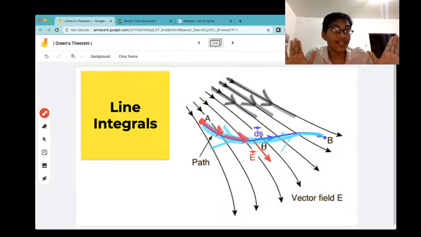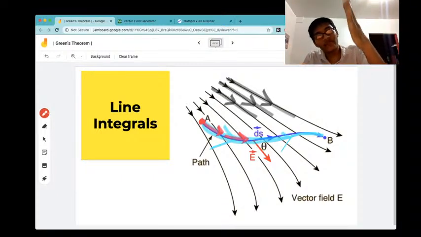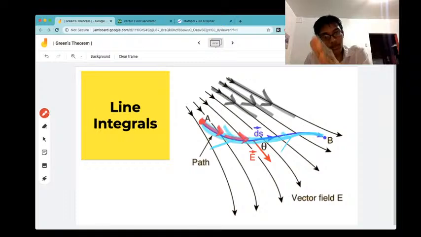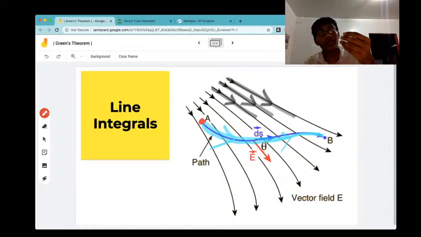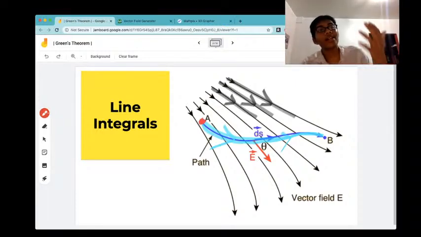That external force is due to the vector field exerting a force on our particle A, such that particle A moves along a certain curvilinear path. In forcing our particle to move, the field exerts work on our particle, and our goal is to find the work exerted by the vector field on our particle.